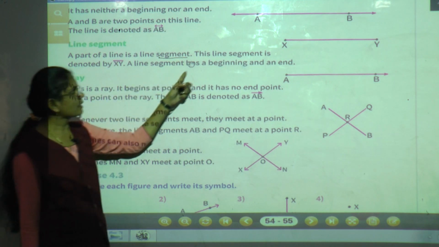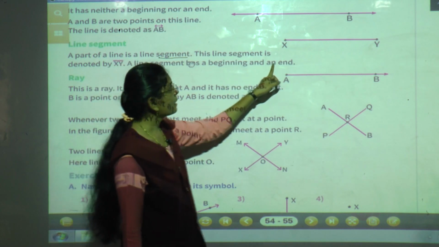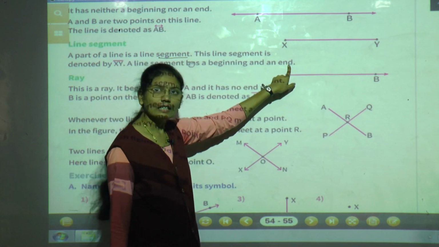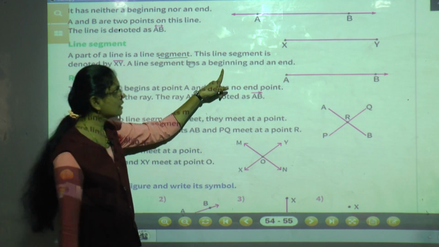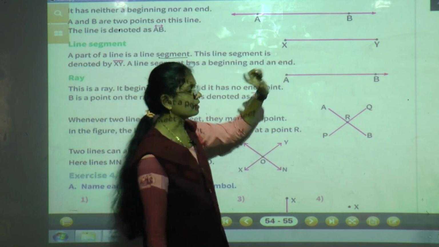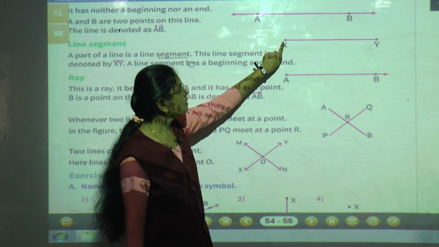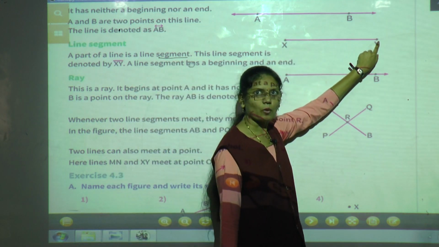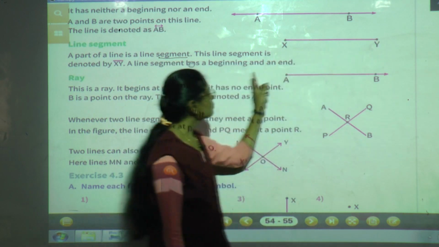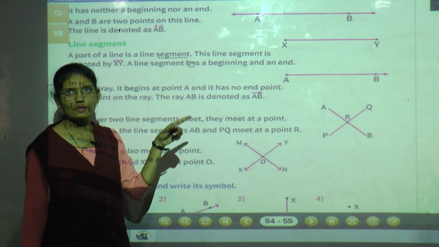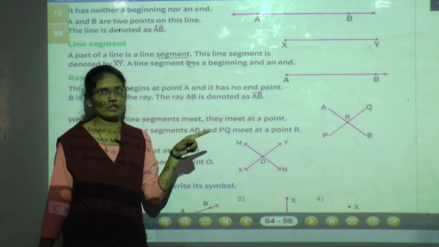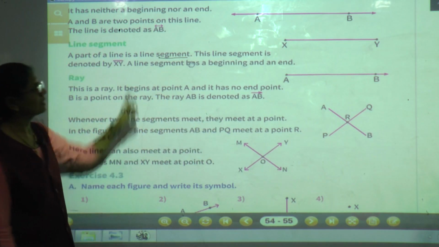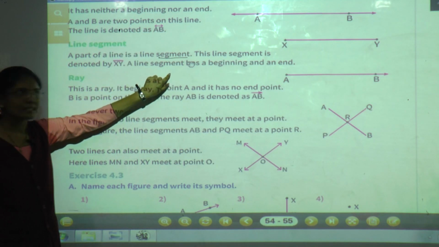A line segment has a beginning and an end. See here, this is a beginning point and this is an end point. So a line segment has a beginning point as well as an end point. This is the difference between the line and line segment.